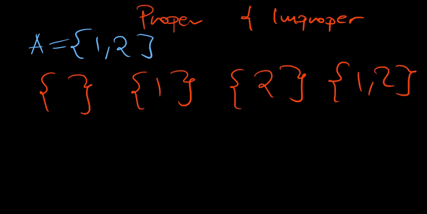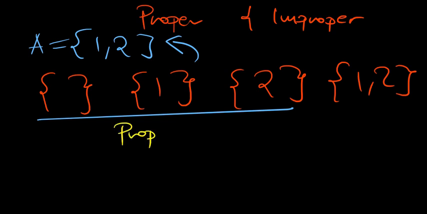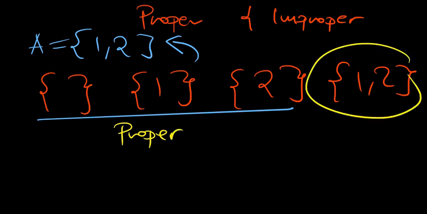So these subsets that are less than the set itself, they are the ones that we call proper subsets. Proper. They are less than the set itself. Now, the subset which is the set itself, or in short, a subset which is equal to the set, is what we call an improper subset.